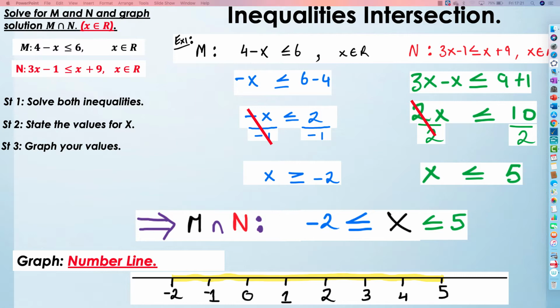A intersection B. Same one. No, that always is. Good question. That always is. They never get that.